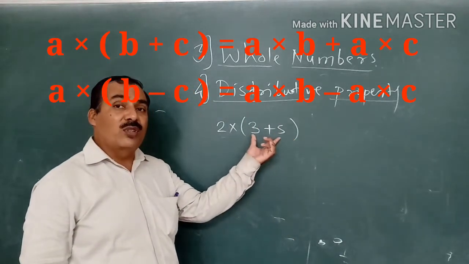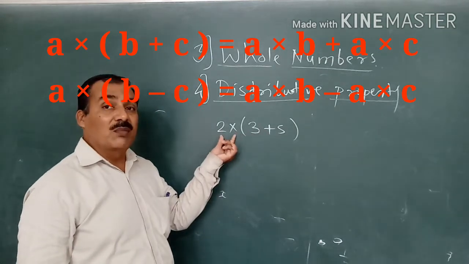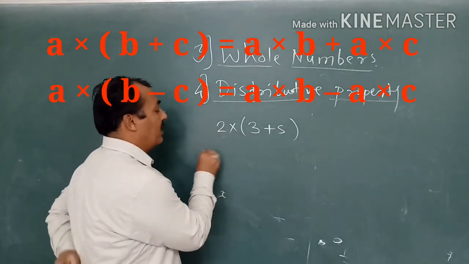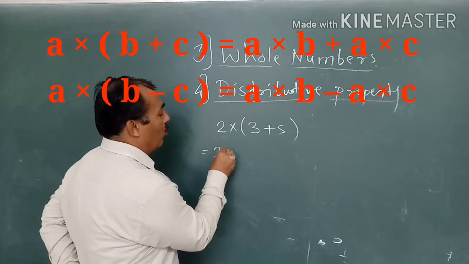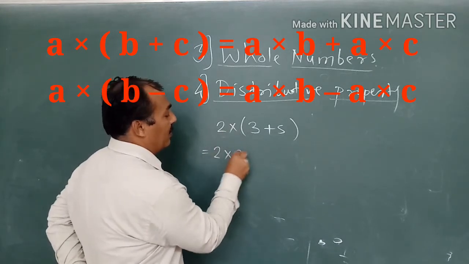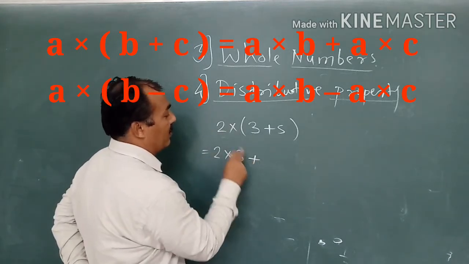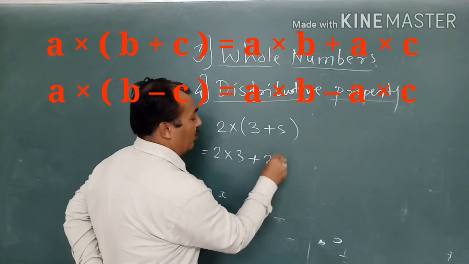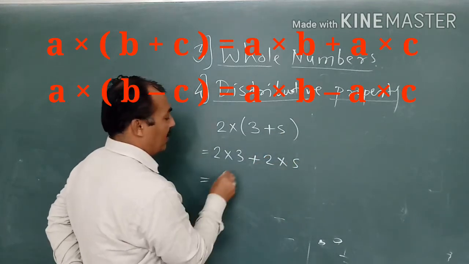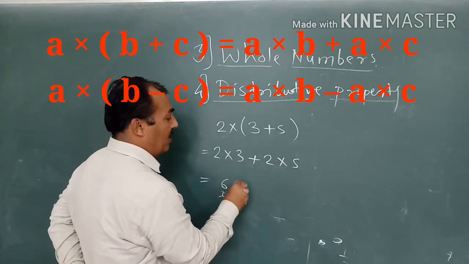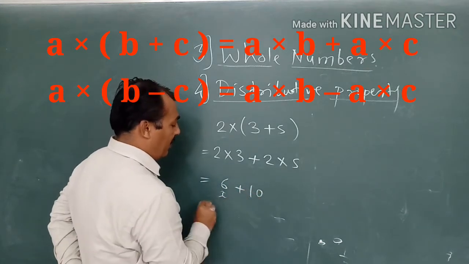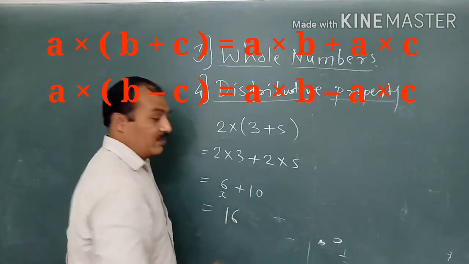We can distribute this sum with the help of this multiplication. How can we write this in another form? 2 multiplied by 3 plus 2 multiplied by 5. Here 2 3s are 6, plus 2 5s are 10, 10 plus 6, 16.